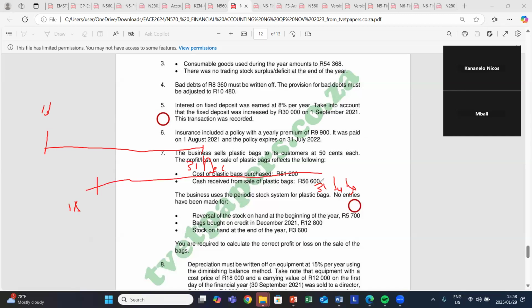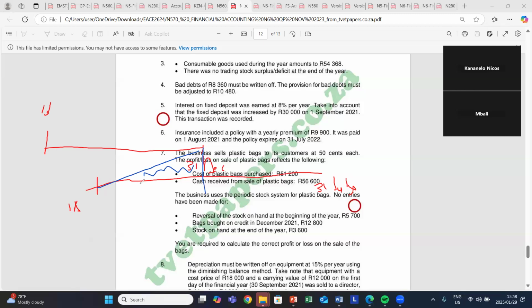So the business financial year begins in January and ends in December. But for insurance, it's a little bit different. Let's use a different color, maybe blue. We can clearly see that our business financial year ends on the 31st of December, meaning for insurance, we were only supposed to pay from August up until December, which is 5 months.